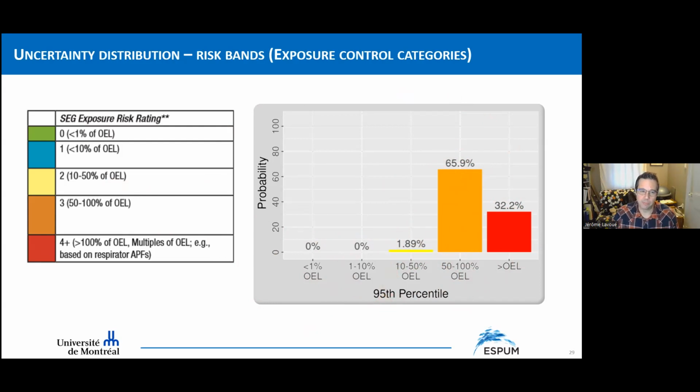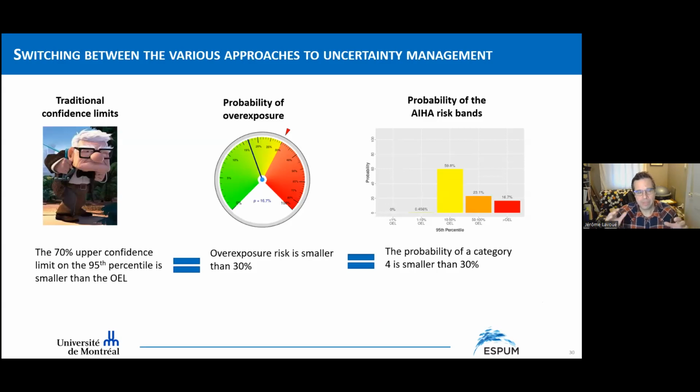So you see, I have presented these 3 ways of managing risk. There's the traditional one, where we use confidence limits and confidence intervals, and that's been existing for a long time. And the 2 newer schemes, which are, I would say, more probabilistic, where we express uncertainty as a probability.